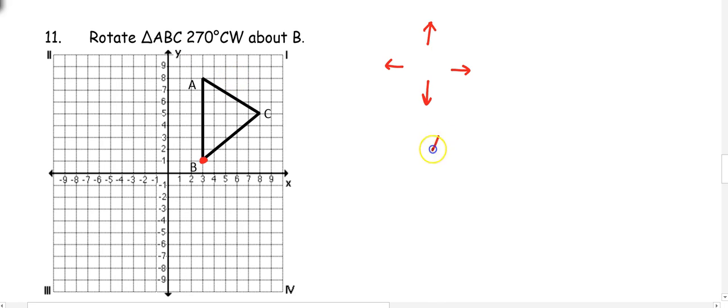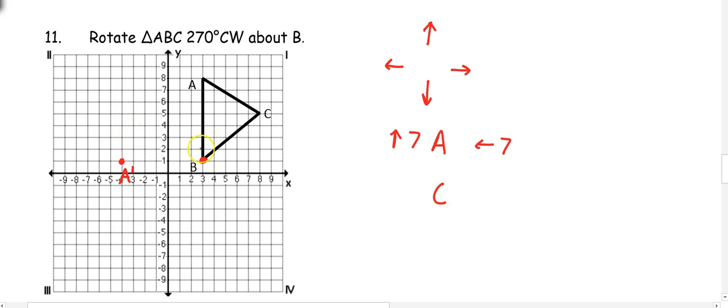So for point A, right now to find point A, we'd go up 1, 2, 3, 4, 5, 6, 7. If I'm going 270 degrees clockwise, from going straight up, I would go to the right, down, to the left. That's my third turn. So now I'm going to go to the left 7. So from B, I'm going to go left 7. That's my new A coordinate.